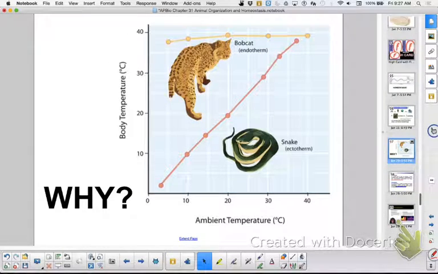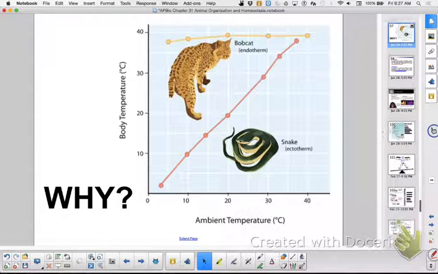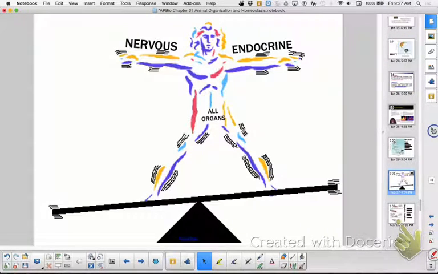These are out of order. Or no? Okay. So, all of these different organs contribute to it in some way to maintain homeostasis, but the ultimate control is the nervous system that controls the endocrine system.